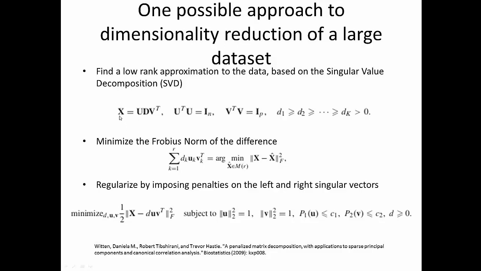So we're going to take our matrix and think of it in its singular value decomposed form, so the product of those three matrices. And what we're going to do is find a low-rank approximation to the data. So we're going to find the matrices which minimize the difference between the low-rank matrix and the original data.